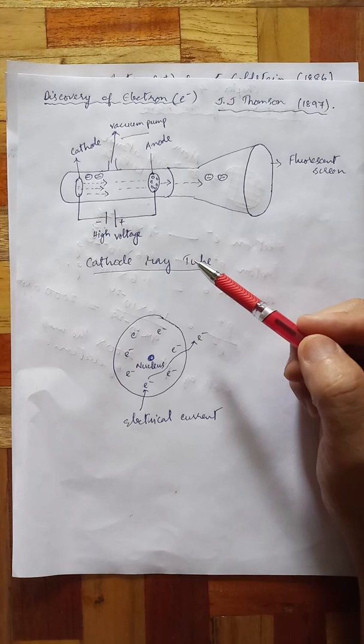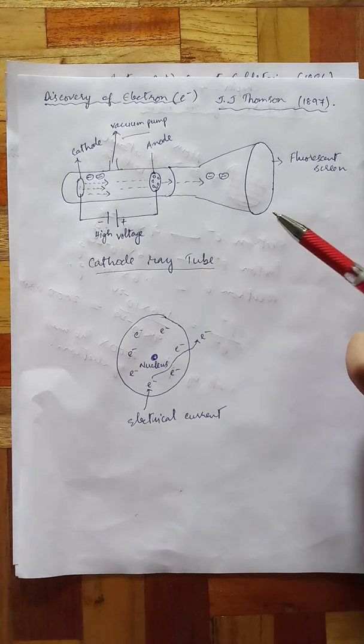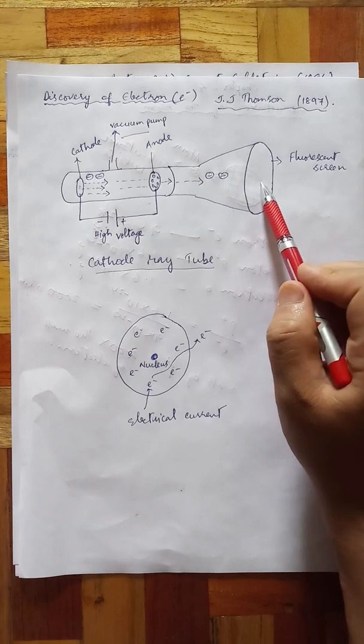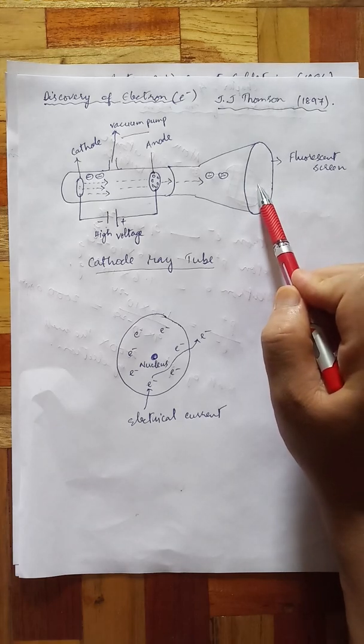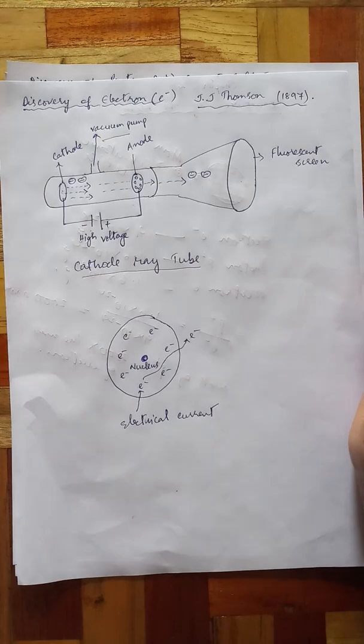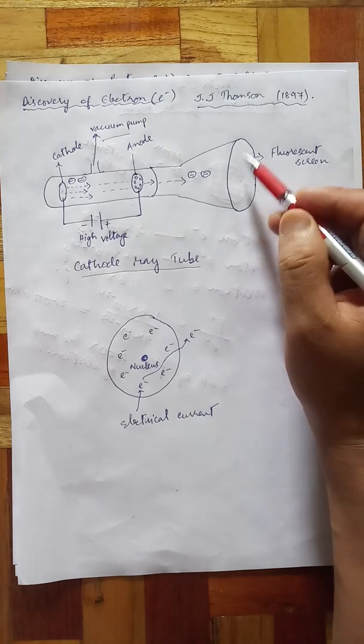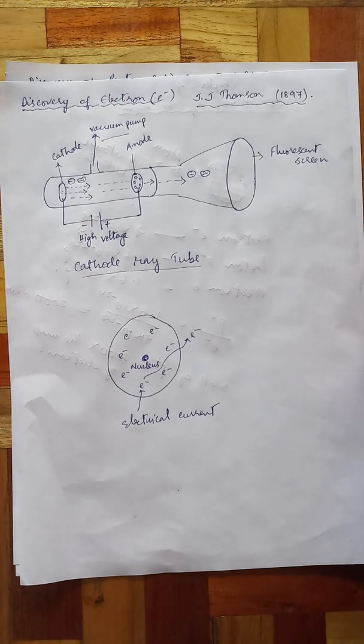The anode has a small hole. The opposite side of the tube from the anode is coated with fluorescent material. So the screen behind is coated with fluorescent material.